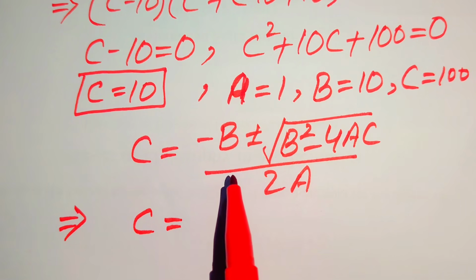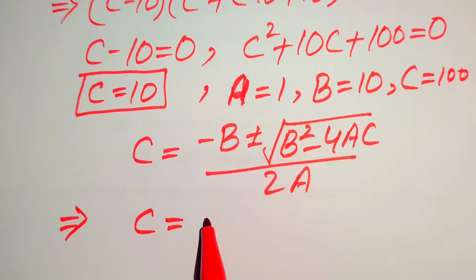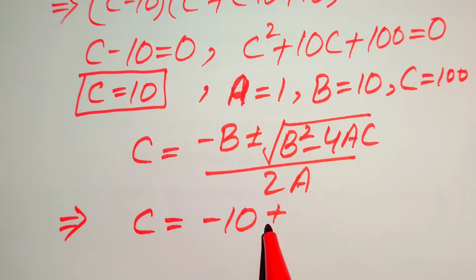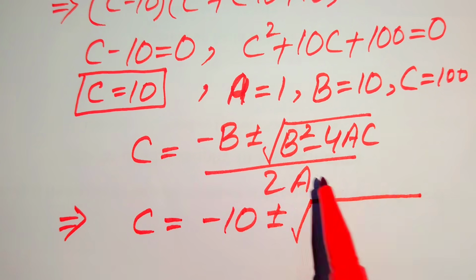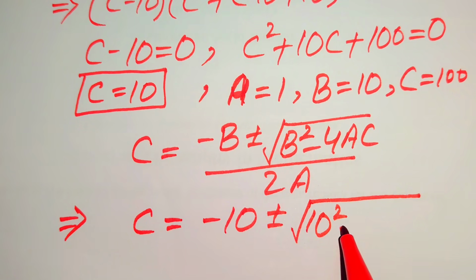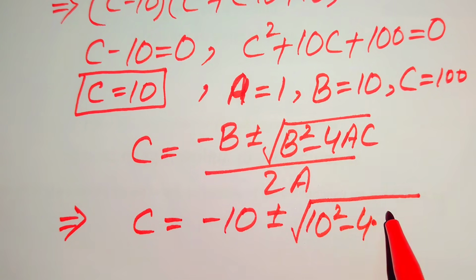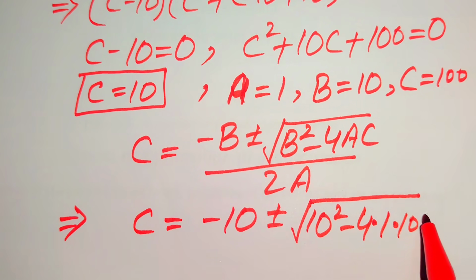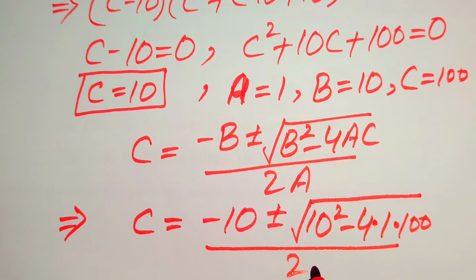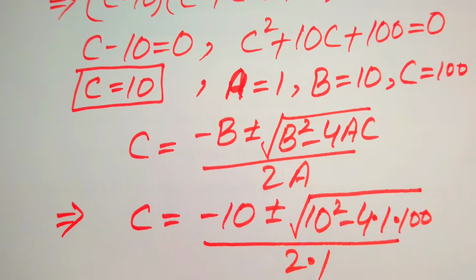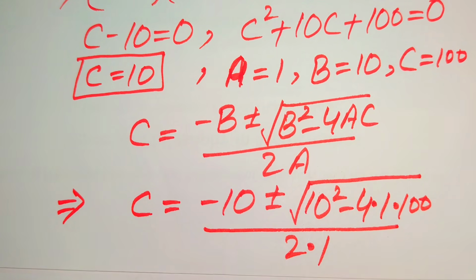We have c is equal to minus B, the value of B is 10, plus minus square root of B square, B is 10 square, minus 4 times A, where A is 1 and C is 100, and it is divided by 2 times A, and here our A is equal to 1.